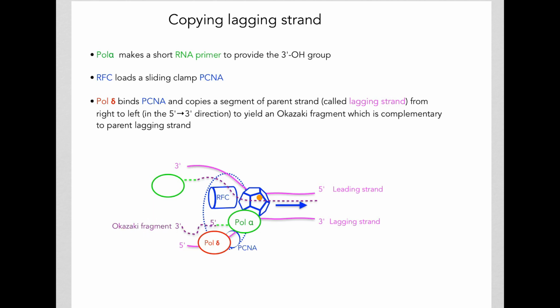Note once again that the helicase is going here from left to right. The leading strand, 5' to 3' synthesis, is also going left to right. The synthesis of the lagging strand, 5' to 3', is going in the opposite direction, from right to left.